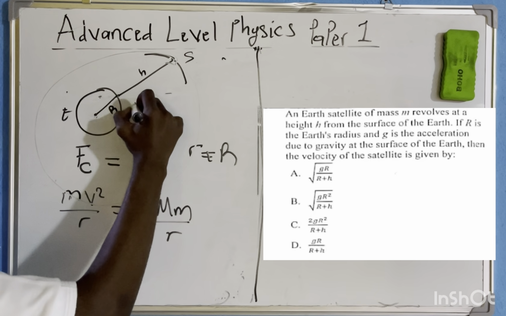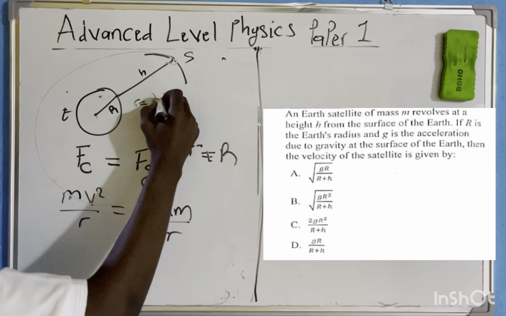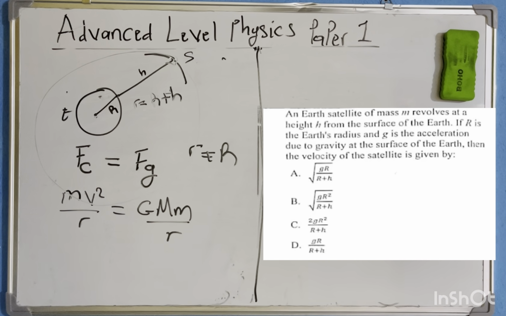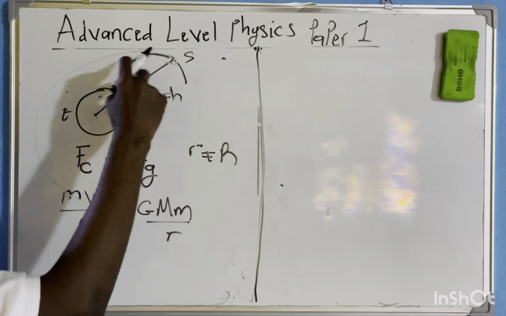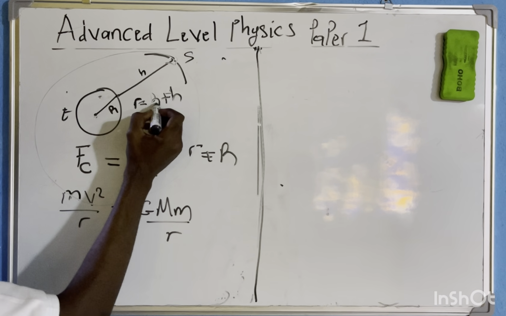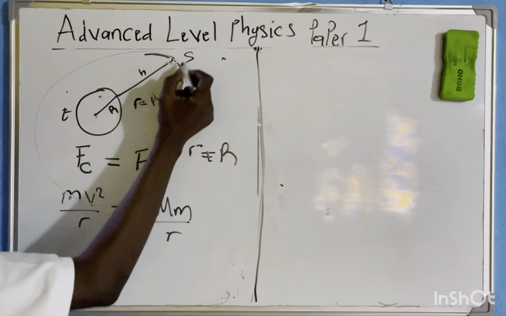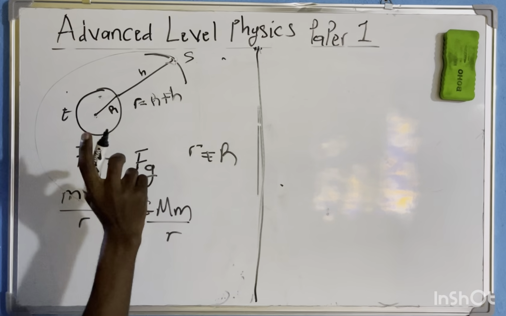So the distance r is simply equal to big R plus h. So the distance small r, the radius of the circle described by the satellite, is equal to big R, the radius of the Earth, plus h.